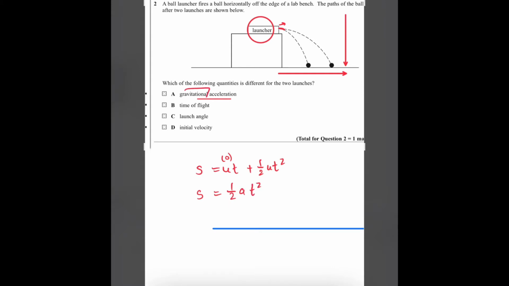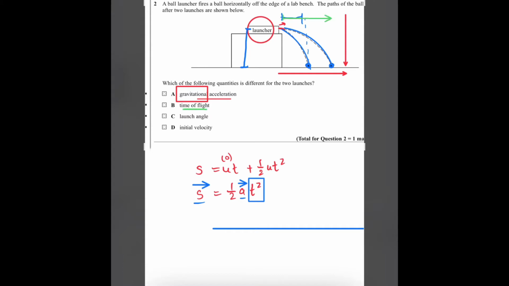Since the gravitational acceleration is constant, and the height from the launch height to the ground is constant, the time of flight is also constant. So even if the balls have different paths, they will reach the ground at the same time. The range is different for the two balls.